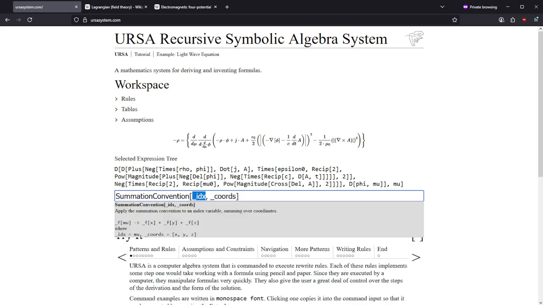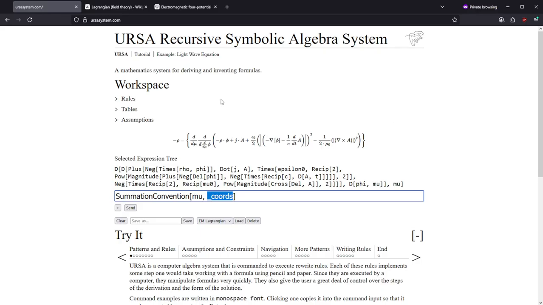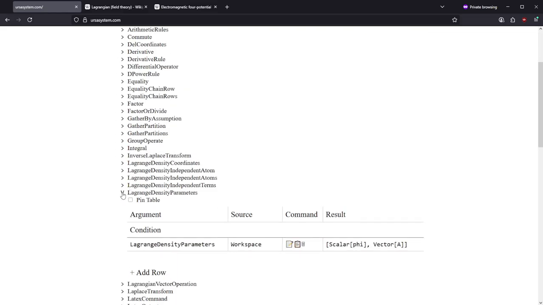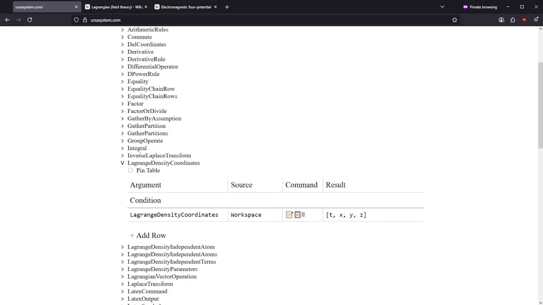So we need to use that. We're going to use the summation convention to eliminate mu, and we're going to replace it with each element of the Lagrange density coordinates, which again I defined earlier on, and that's t, x, y, and z.